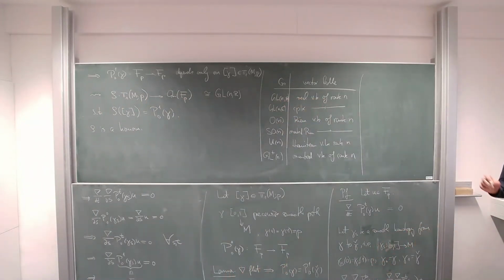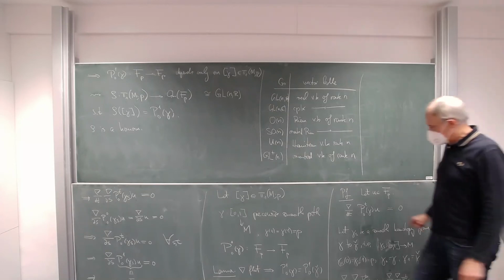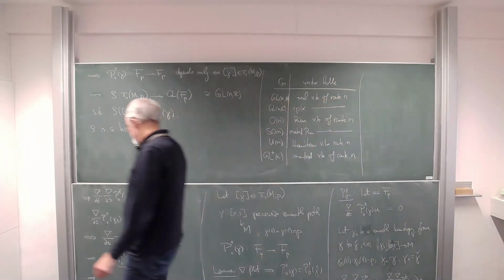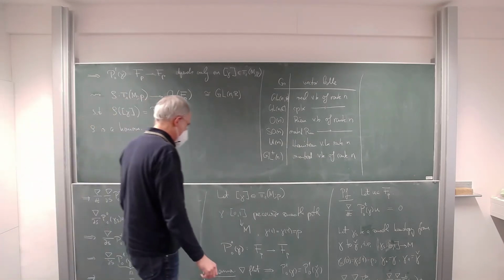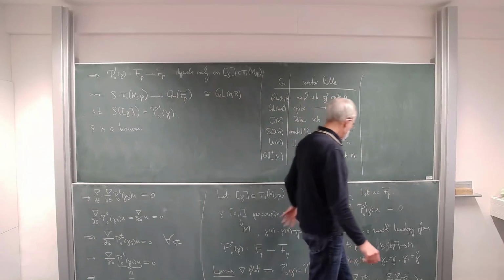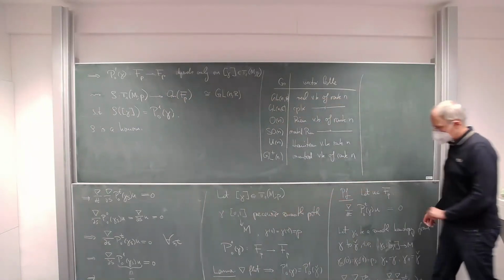Good, but now we still have to convince ourselves that this construction is really the inverse of the previous construction. So if I start with, let's say, a vector bundle, and I do this, then I get the flat vector bundle.